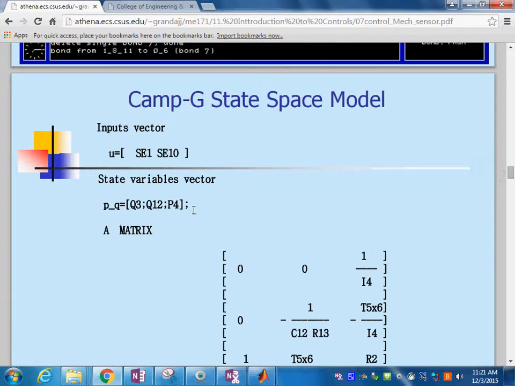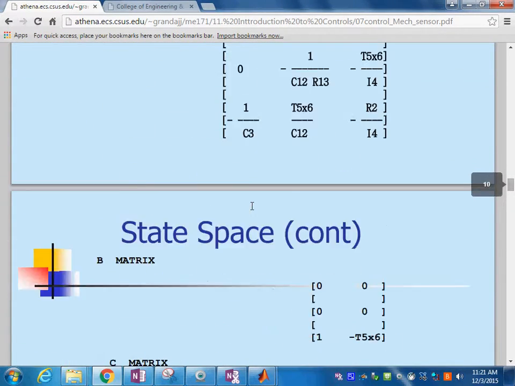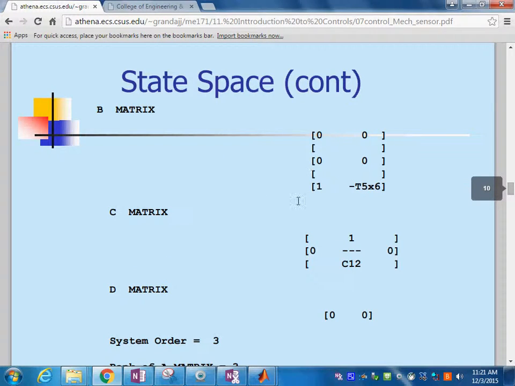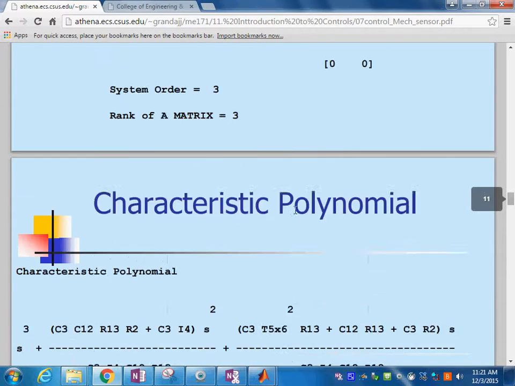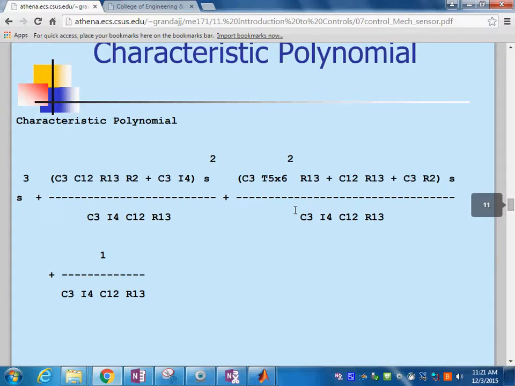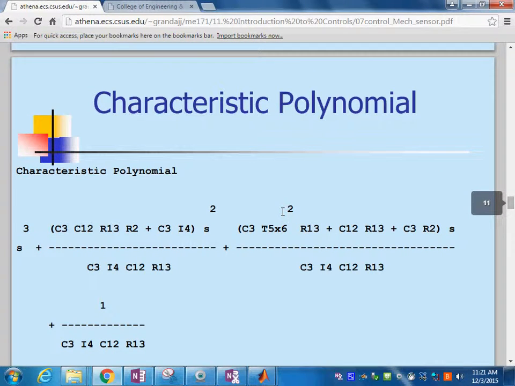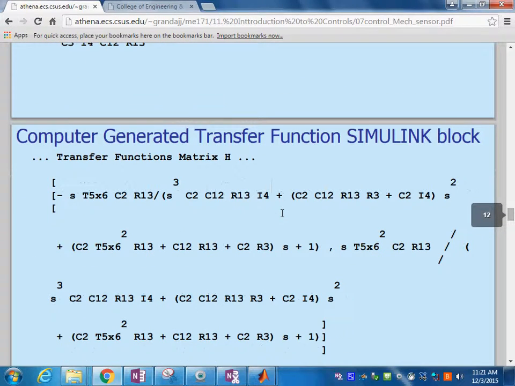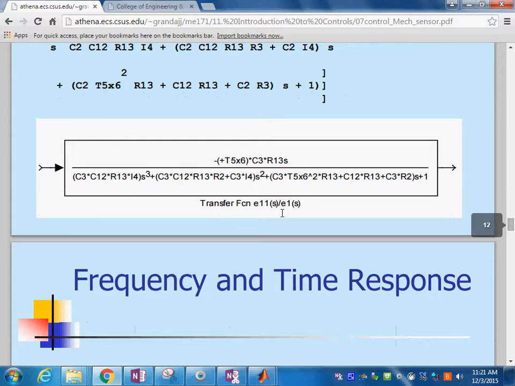These are the state variable vector, the E matrix, the V, the C, and the D matrix. This is the characteristic polynomial, which is the denominator of the transfer function.